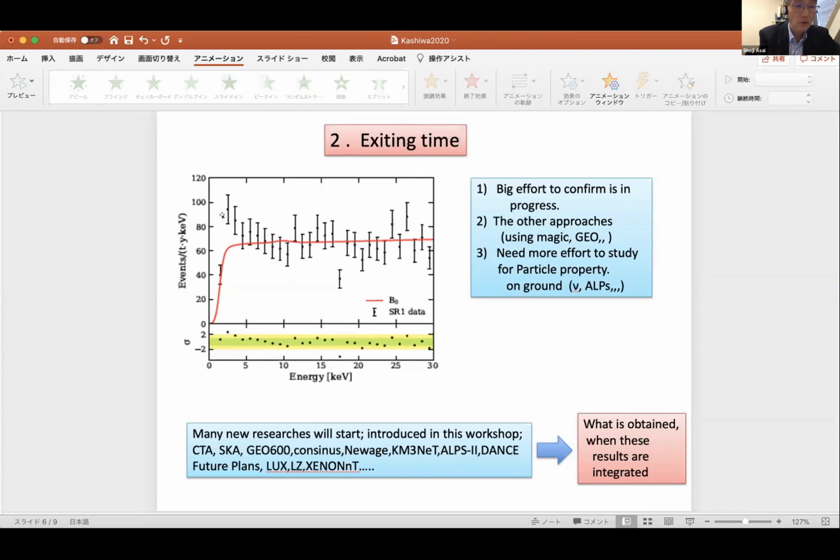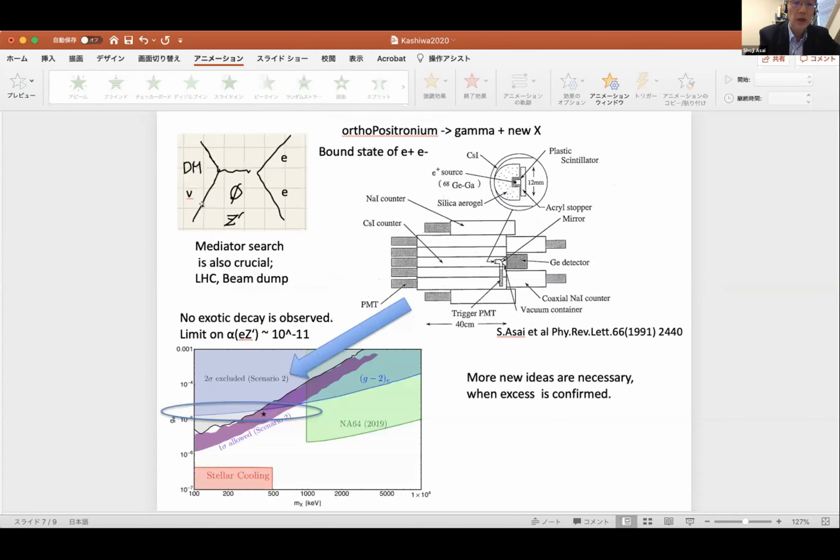Currently we just focus on axions, but I think we also have to consider other cases. For example, if the source of this excess is dark matter or the solar axion case, then in this case a mediator search is crucial. The LHC and beam dump experiments are performed to search for these mediators.